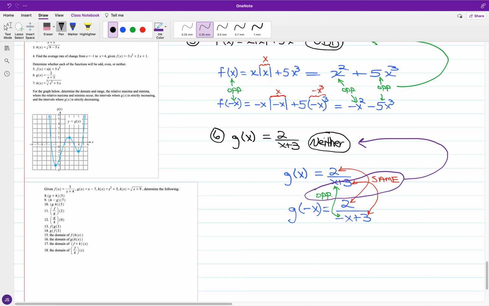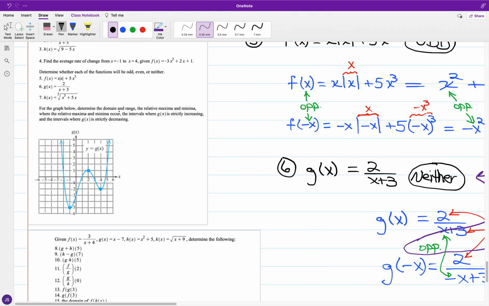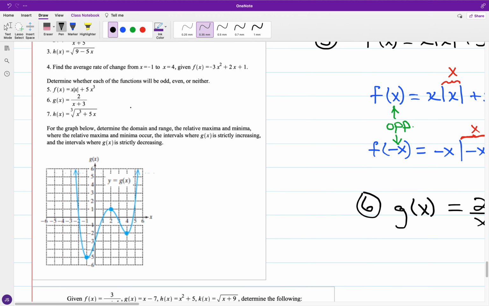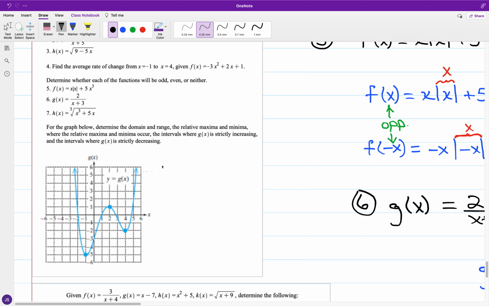Now for h of x, I have a cubic root function. So we have h of x equal to the cubic root of x cubed plus 5x.